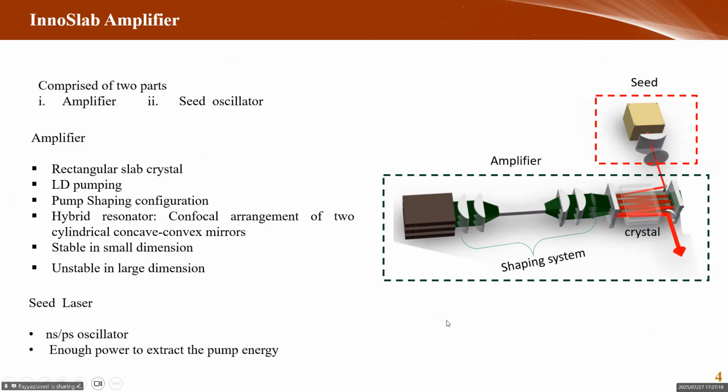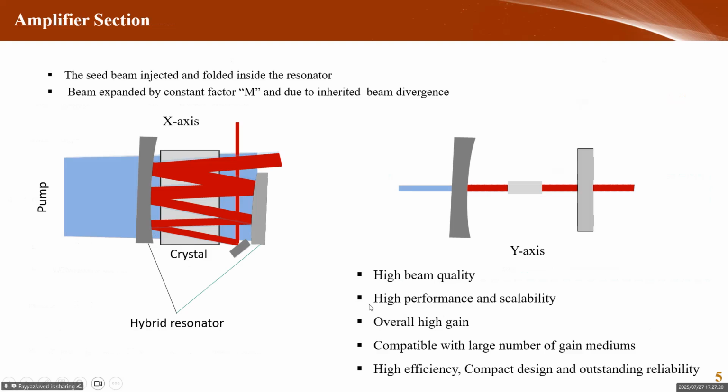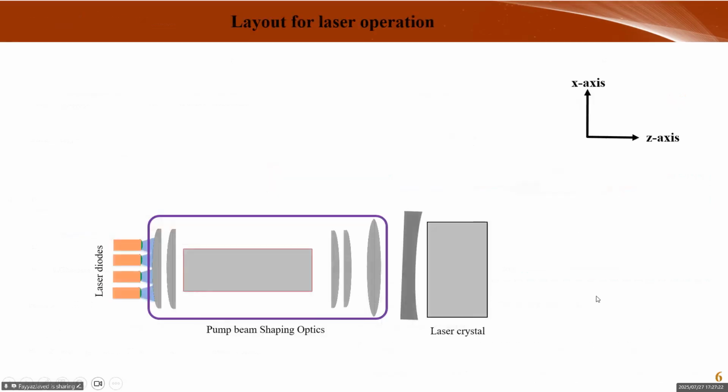Here is the configuration we have for the amplifier section. Here we have a laser diode. This is the pump shaping system. These are the two cylindrical lenses. The waveguide is used to homogenize the pump beam.